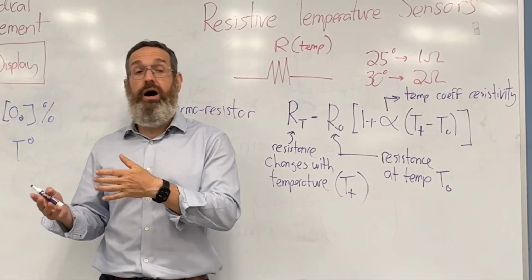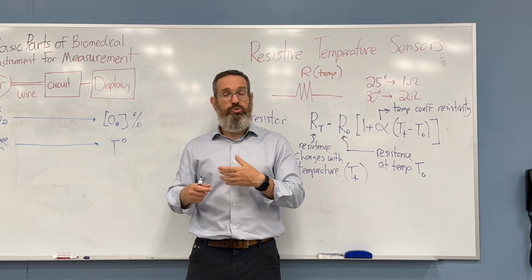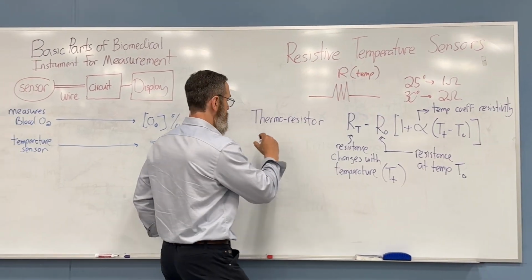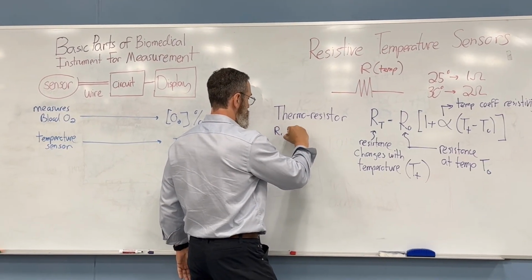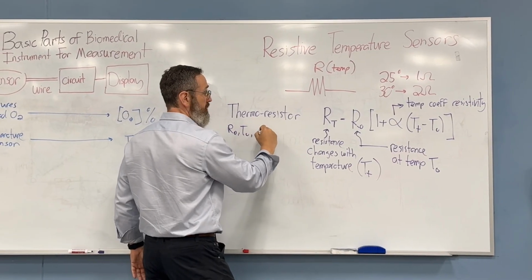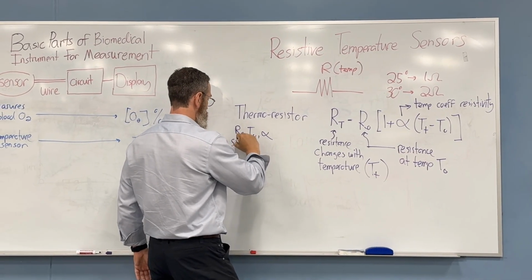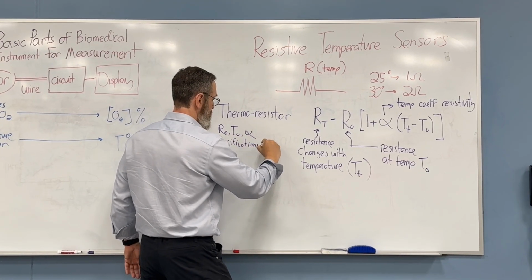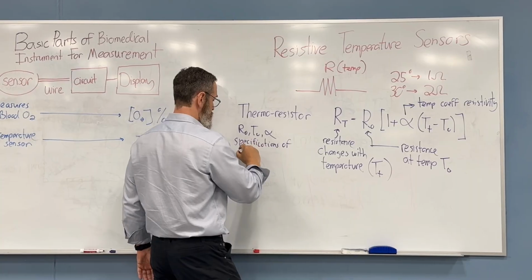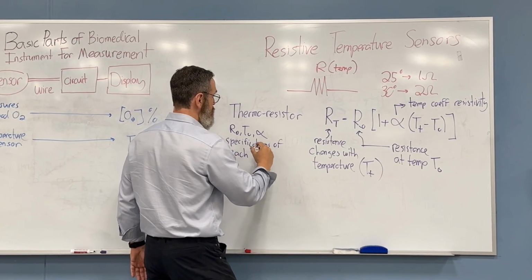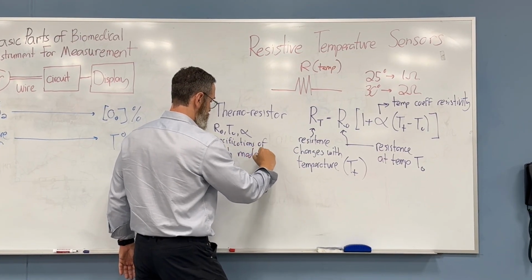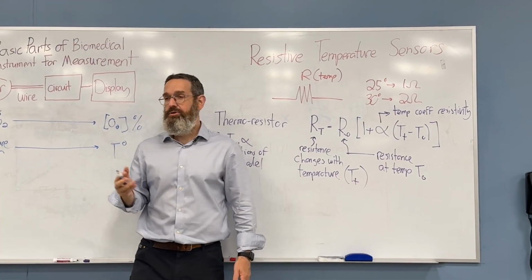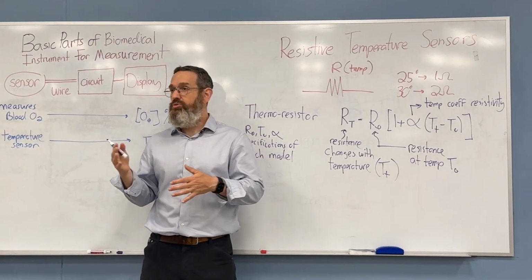So when you buy a thermoresistor, or when you are given a thermoresistor, the R sub 0, the T sub 0, and the alpha are specifications of each model. So just like when you buy a computer, you're looking at the memory and you're looking at the processor.